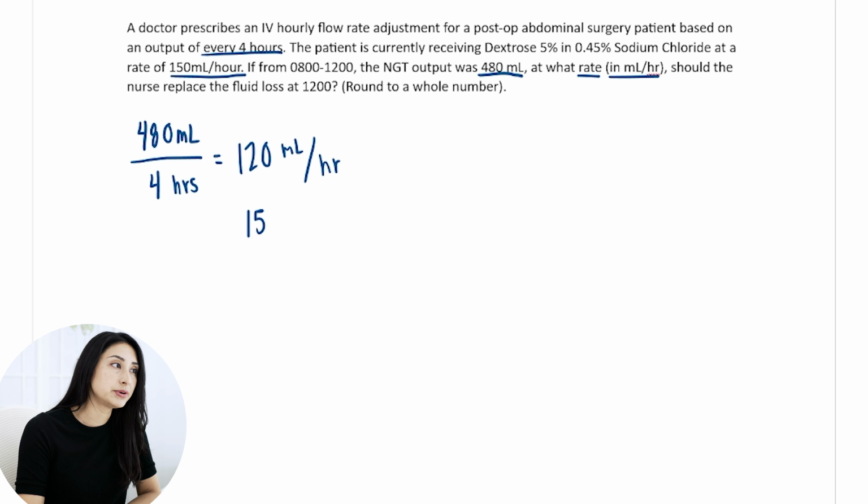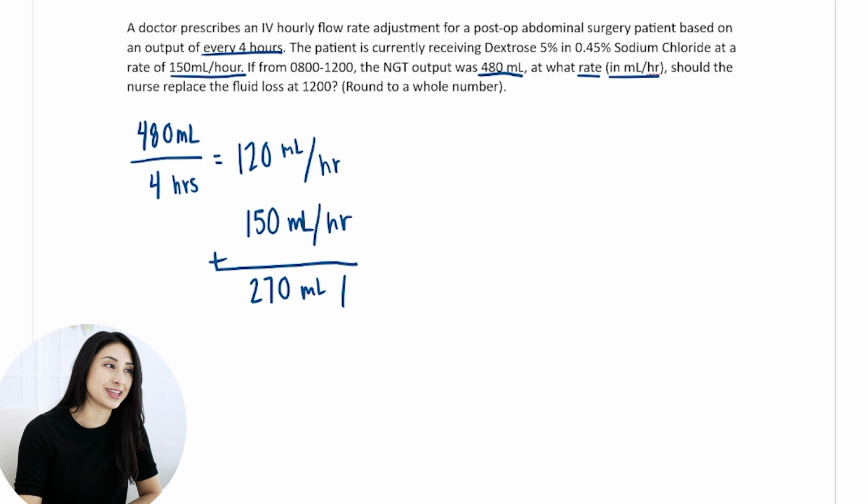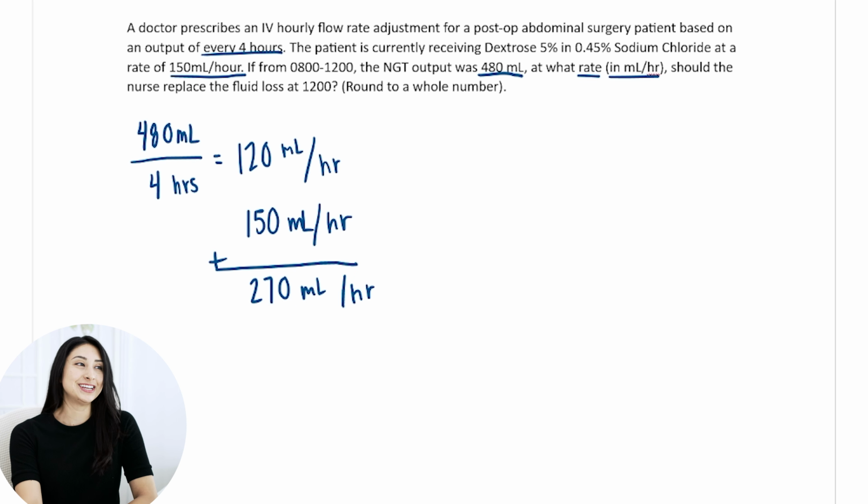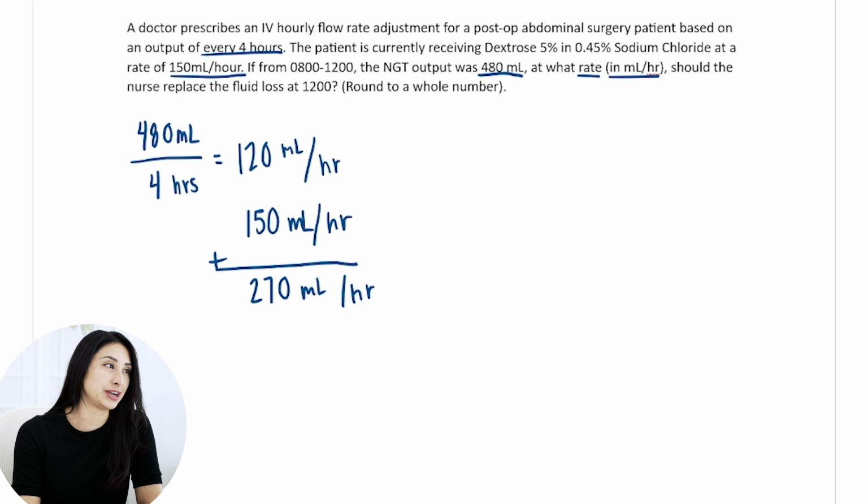So if they were getting 150 milliliters per hour, and now I have to give 120 milliliters per hour for that fluid loss replacement, my patient's new rate is going to be 270 milliliters per hour, and that is my final answer, 270 milliliters per hour.